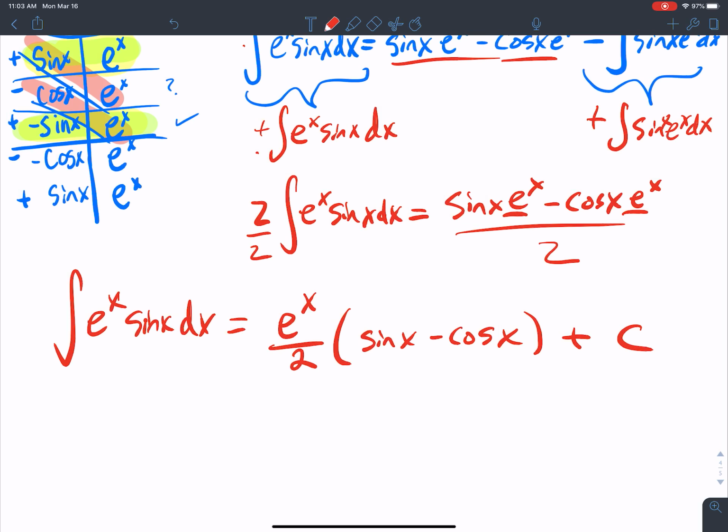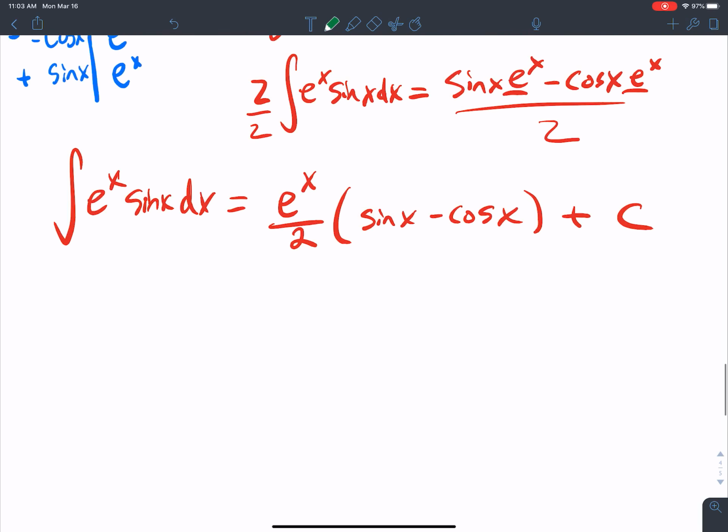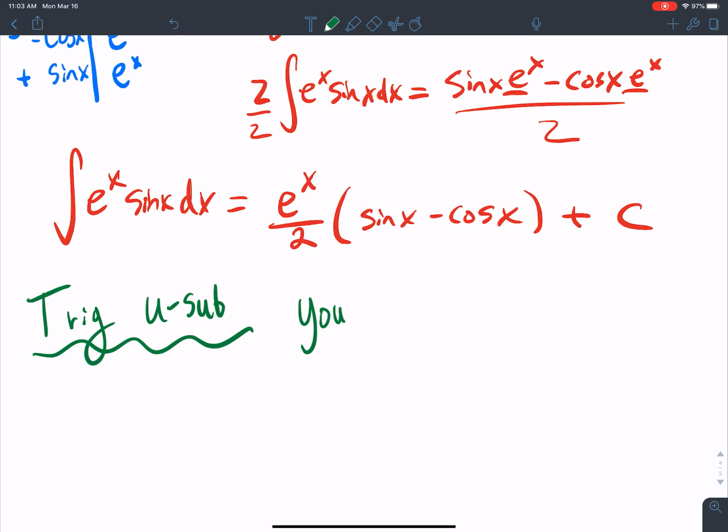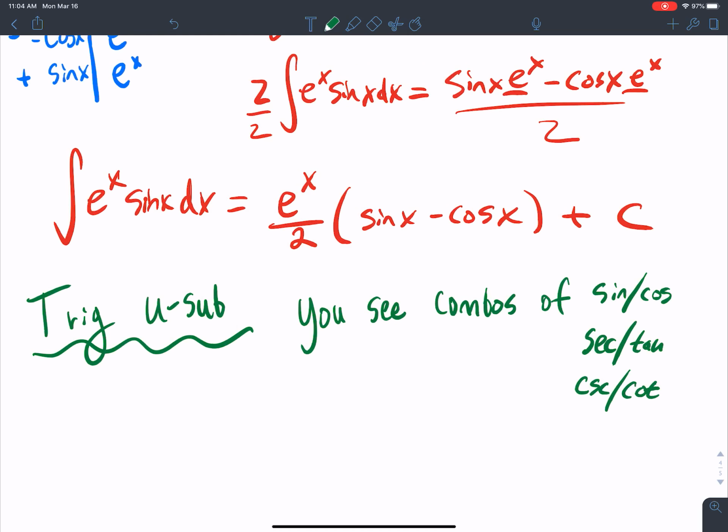Another technique that we learned recently was Trig U-sub. So you see combos of sine and cosine, or maybe secant and tangent, or cosecant and cotangent together.